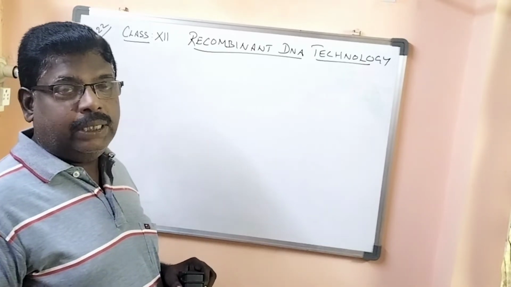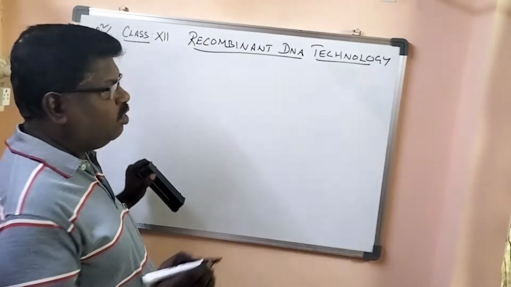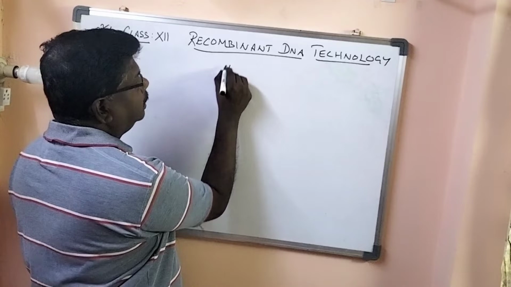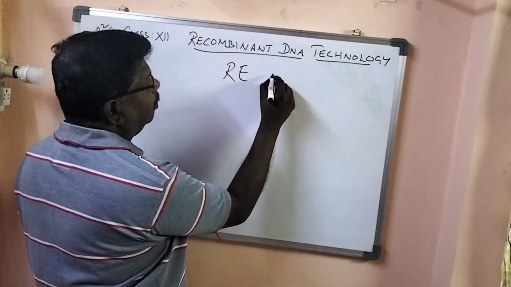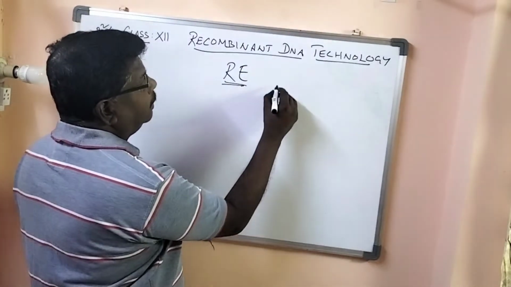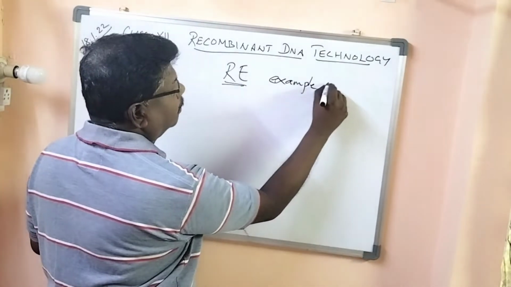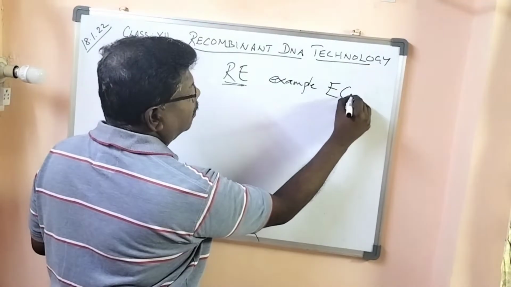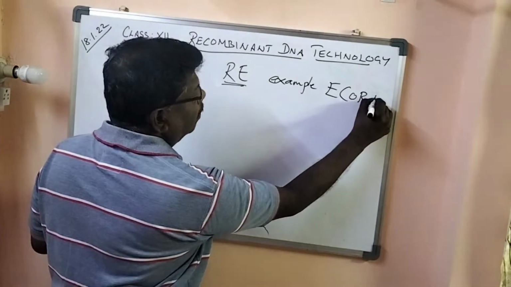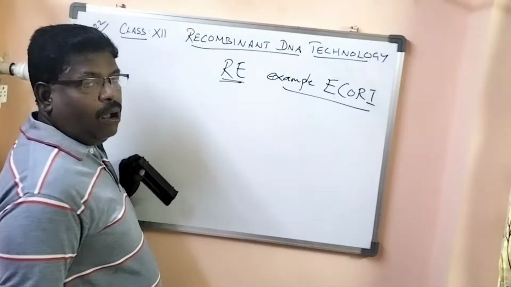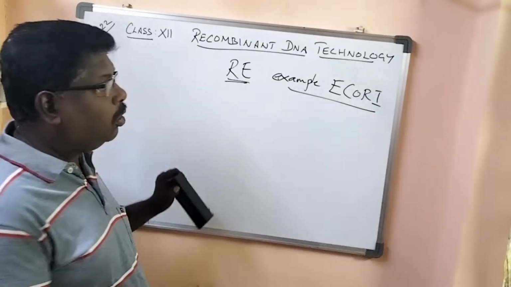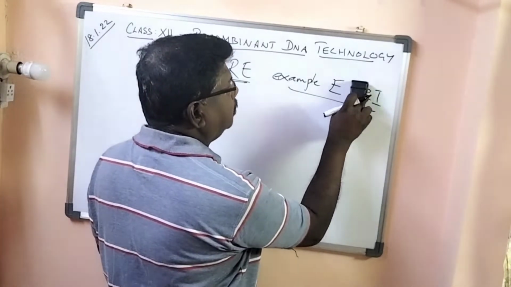Let us see how these enzymes are named. How restriction endonucleases are named, for example in E. coli. How it is coined in EcoR1, we'll see.